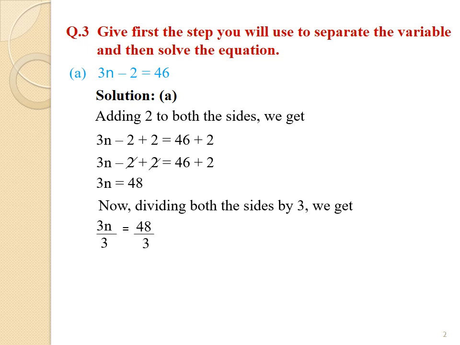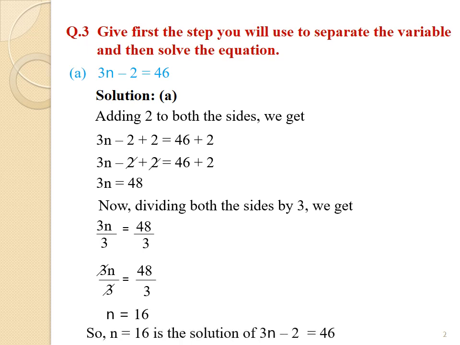Cutting common 3 and dividing 48 by 3, we get n equal to 16. So, n equal to 16 is the solution of 3n minus 2 equals to 46.